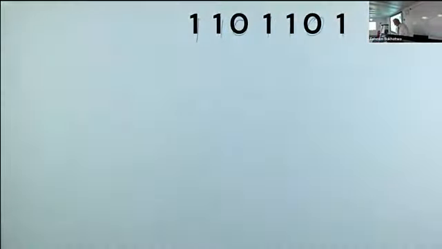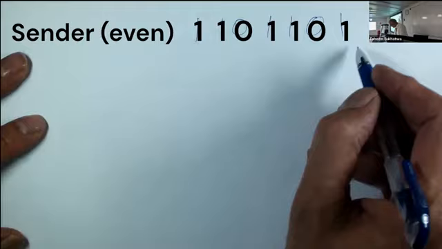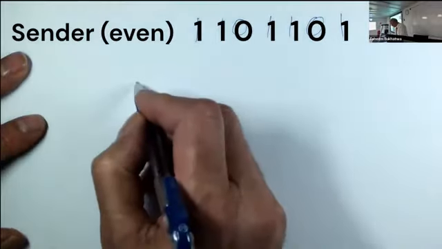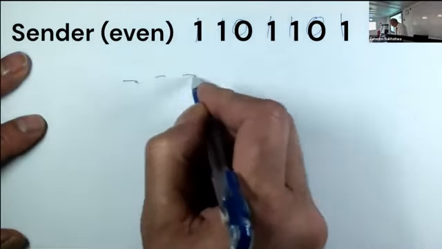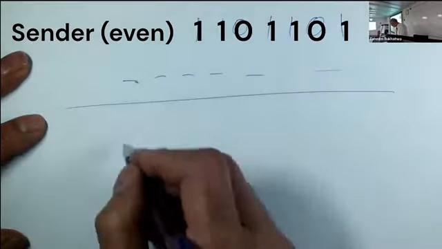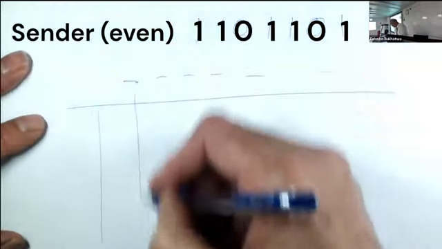For example, this is our data we want to send, and we want you to prepare a frame and send it as a sender. Now, what you need to do is prepare a frame like this, and I'm going to number them. So it's always good to have it in a table.